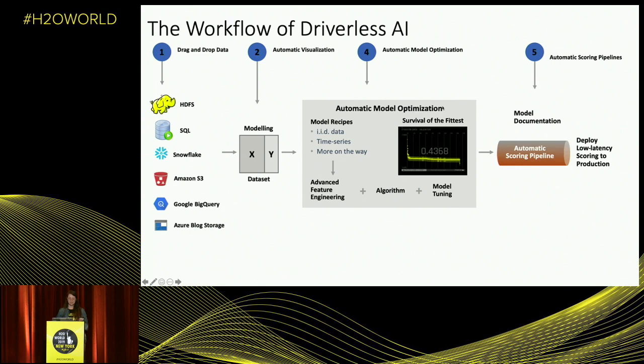The meat of Driverless is this automatic model building, where we're building new features on your data with automatic feature engineering. We're testing many different algorithms, and then we're tuning those algorithms. And this is done in a genetic algorithm where over many iterations, different models compete against each other and the best ones win. Finally, once you have your final model, we have a couple things to understand that the model is robust.